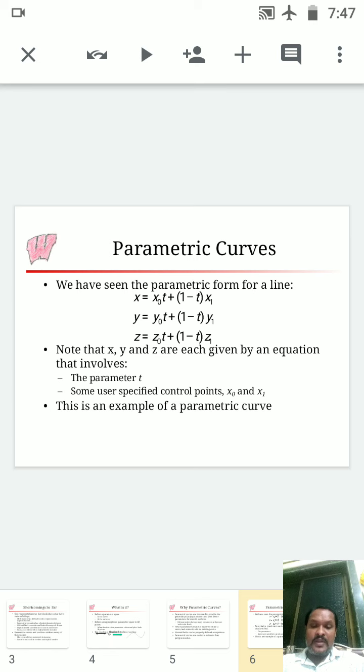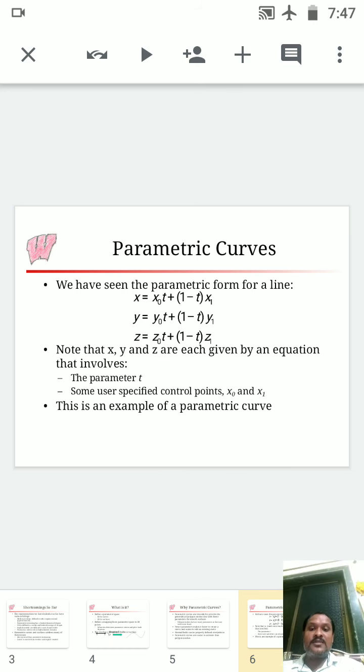Note that x, y and z are each given by an equation that involves the same parameter t. The t is a parameter that changes the point from one position to another.